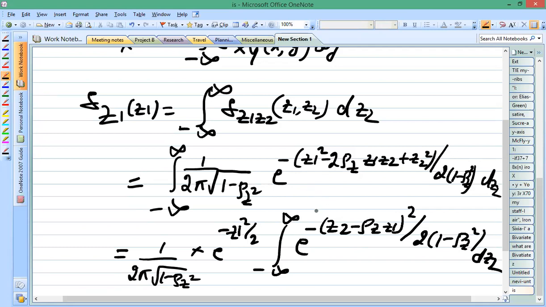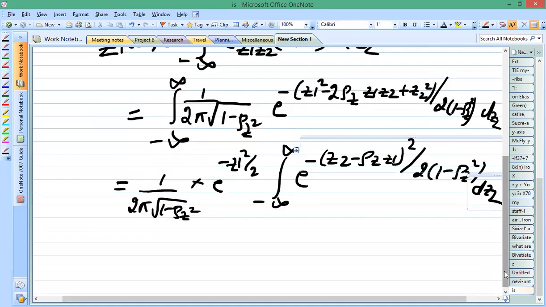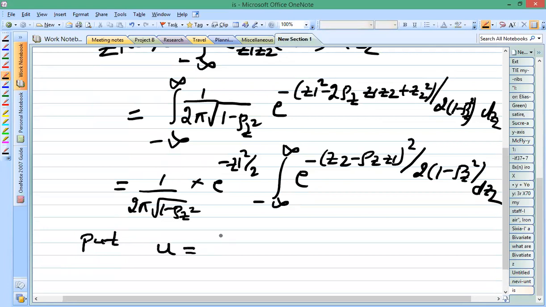In order to make the simplification easier, we can make this alteration. Now to simplify this, assume u is equal to the exponential term we have, so that we assign it to the independent variable u. That is, we put u as (z2 minus rho z z1) divided by square root of (1 minus rho z square).